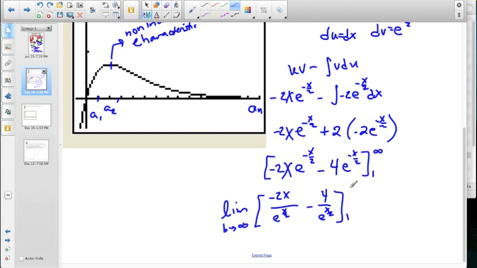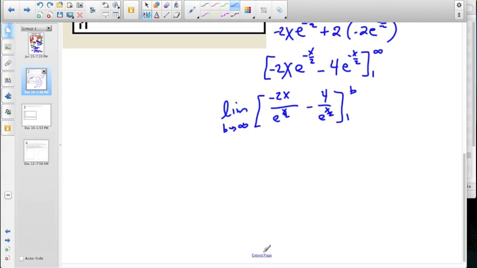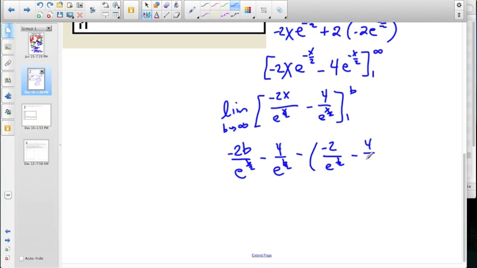And so we're going to evaluate that from 1 to b. And so we have minus 2b over e to the b over 2 minus 4 over e to the b over 2. And then we have minus negative 2, because 2 times 1 is negative 2, over e to the 1/2, minus 4 over e to the 1/2.